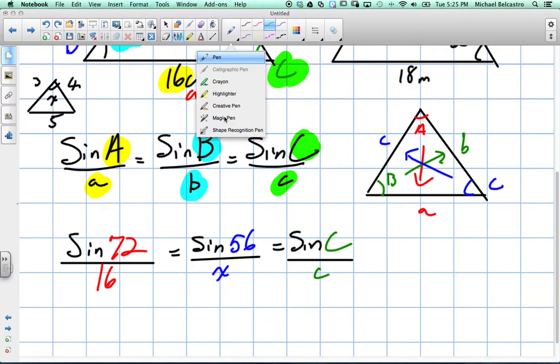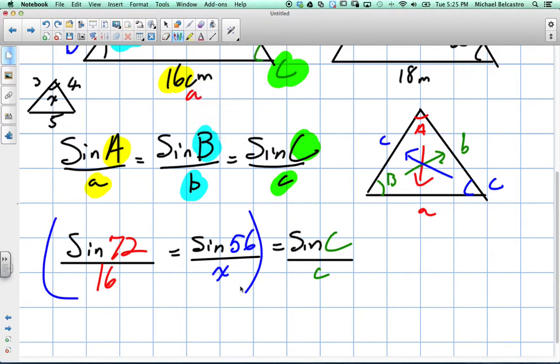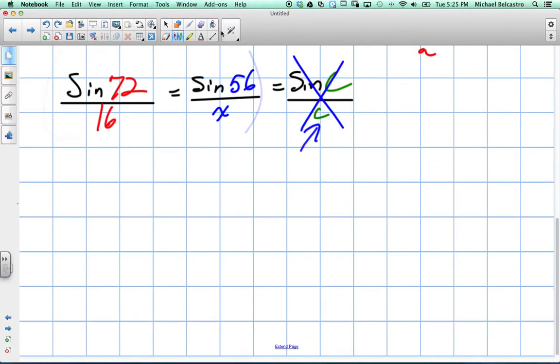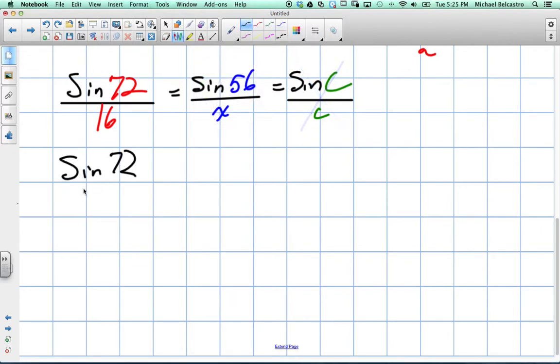Now remember I said we only need to set up a pairing of ratios. Well, this really isn't giving us any information, so you don't need that. You kind of drop that from the equation. So I'll move down and start writing the rest in black here, because now we're going to be just equating. Now the sine 72 over 16 is equal to sine 56 over x.